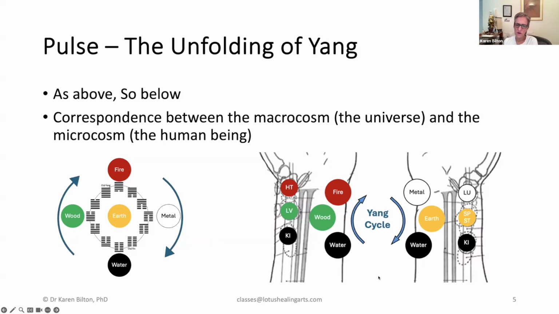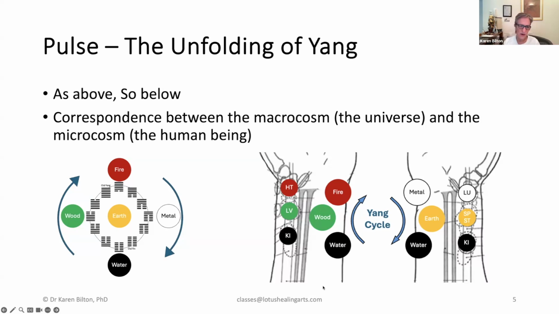So in effect, on the pulse, we've got the unfolding of that cycle of yang in the person. So we can gauge exactly from the pulse positions the distribution of yang being active, yang being in storage and in its yin manifestation.